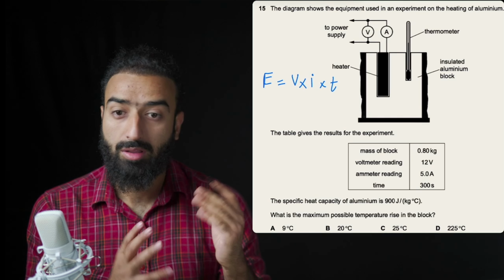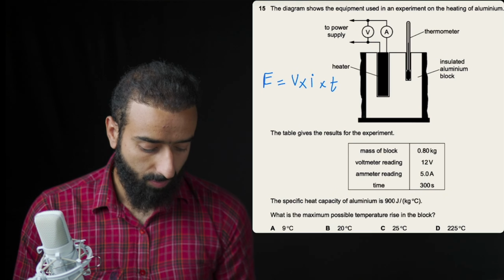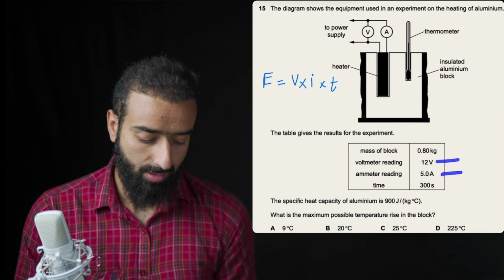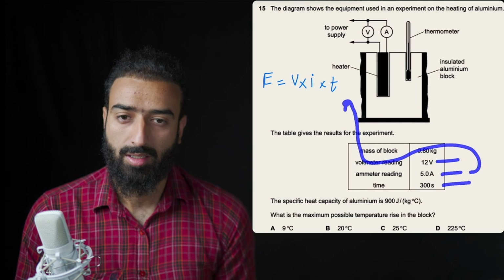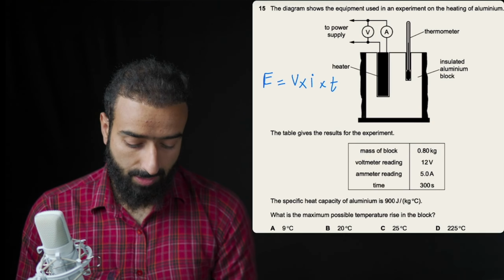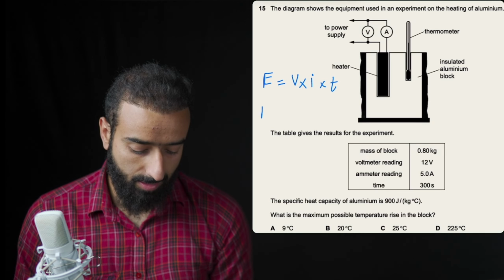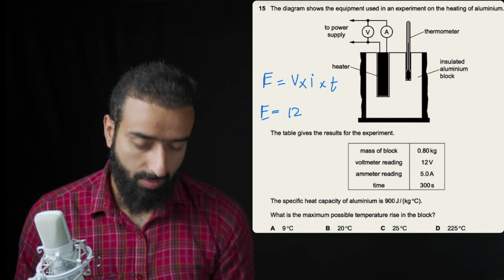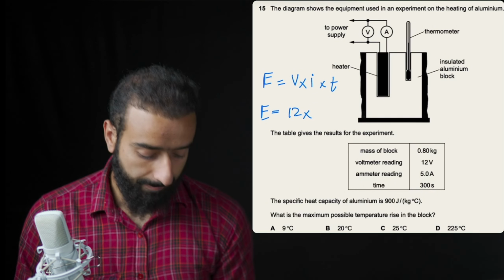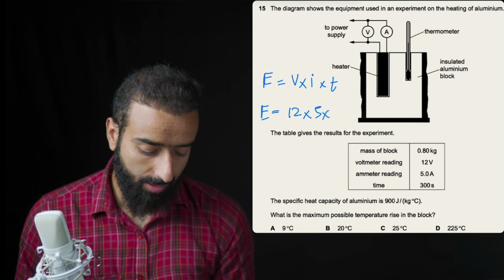Fortunately, all three of them are given to us: voltage, current, and time. So we can substitute all of these here. Let's try and do that and figure out how much that is. So V is 12, current is 5, and the time is 300.